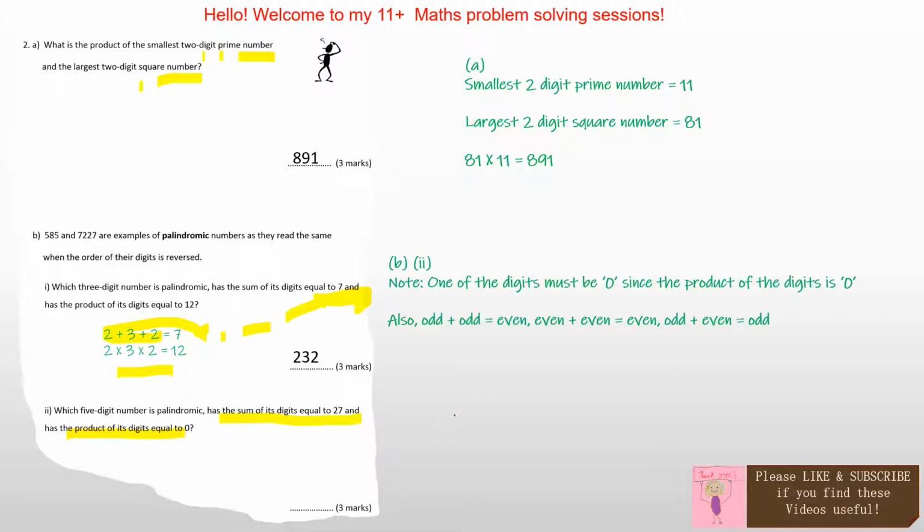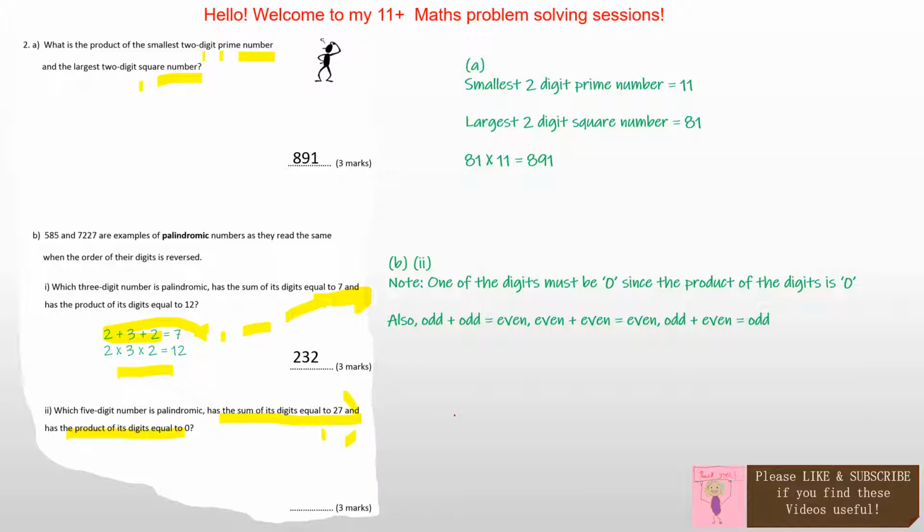I've been looking, and what I think is the number. Now before I go to the number, there are 2 things I wrote down. One is the thing about the 0. The next is you have to see the digits add up to 27.